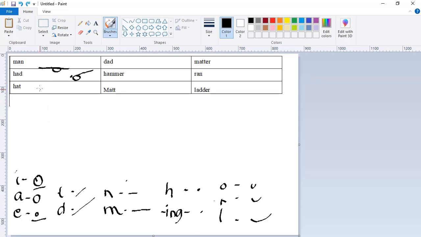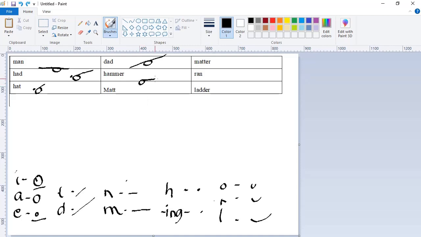Bakit parang alit ng ating a? I have a, t, then yung inyong H. Next, dad. D, a, d. Dad. Ulitin natin. D, a, d, dad. Next, we have hammer.